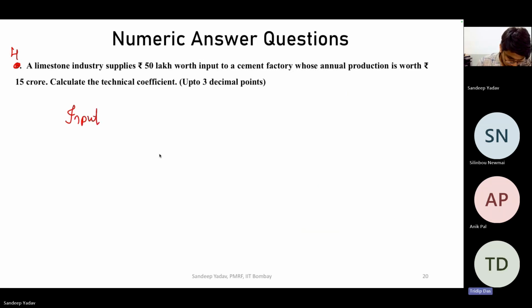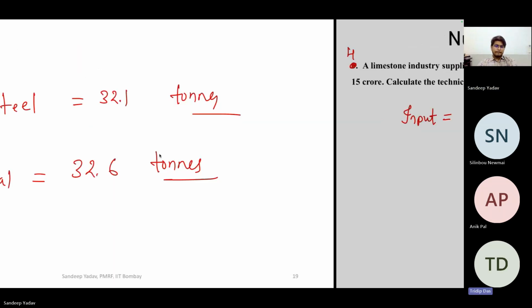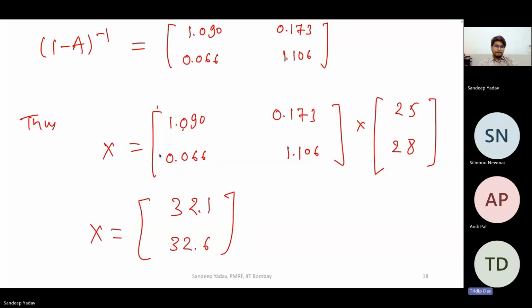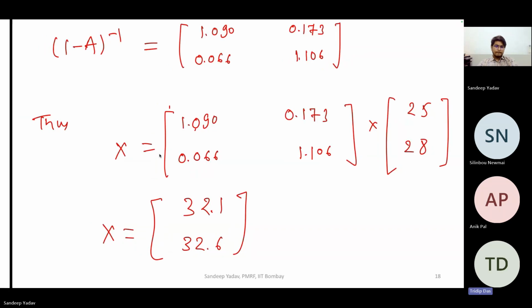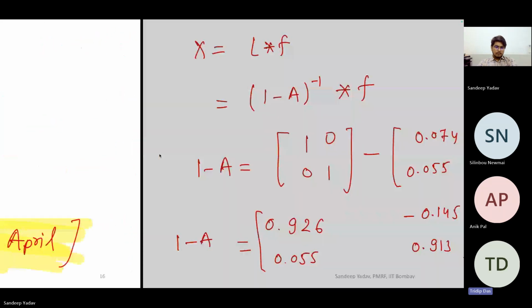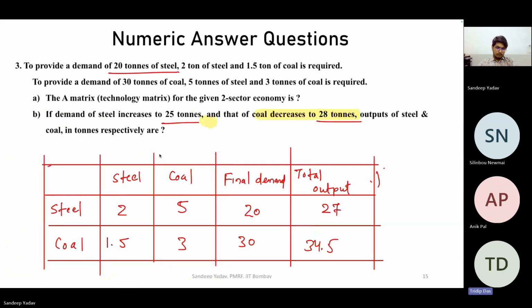Sir, one question: in the previous question, if we take coal as the first row and steel in the second row, will the answer be the same?